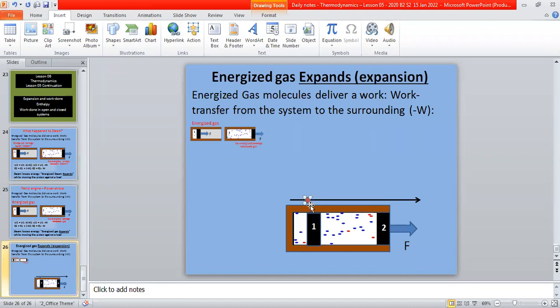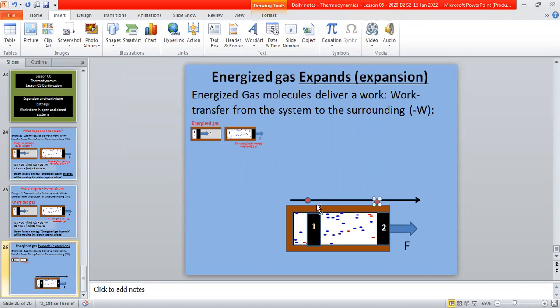There is a certain volume here. The piston moves because the energized gas makes the piston move.